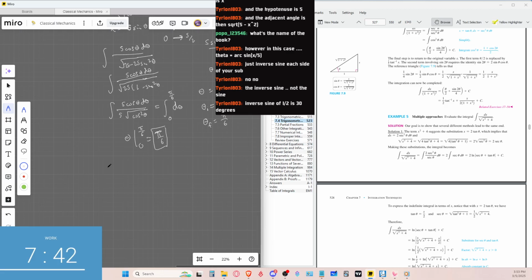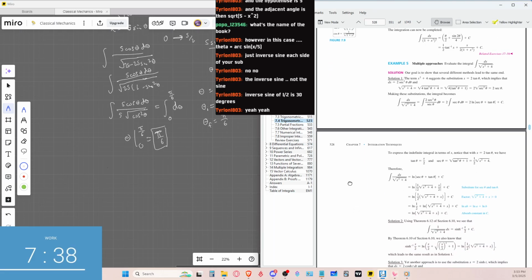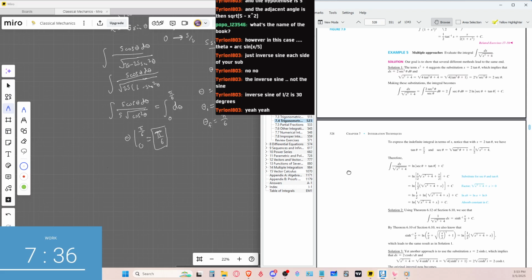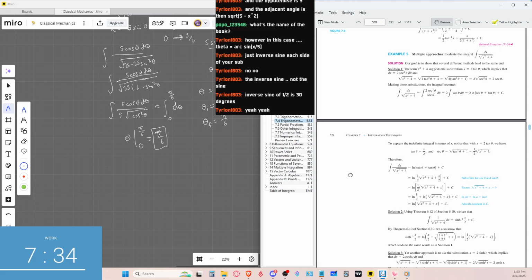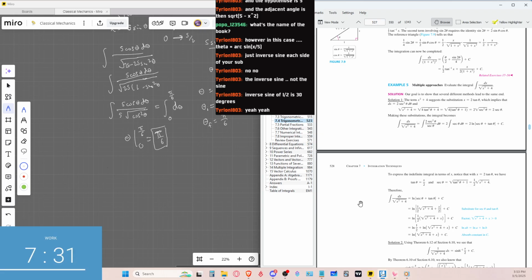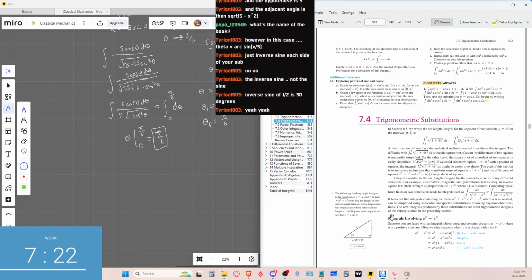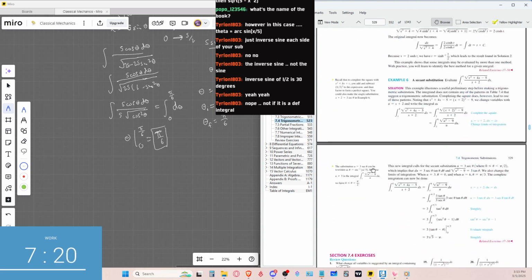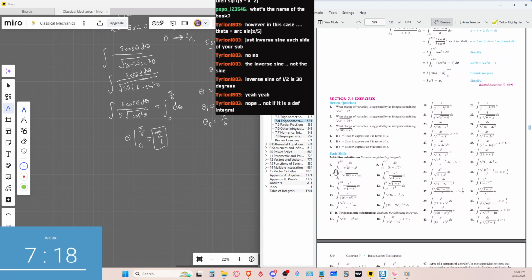Now, do we have to change it back to x though? I think we have to change it back to x, because originally the problem was this.